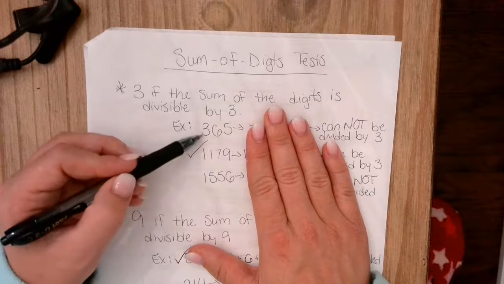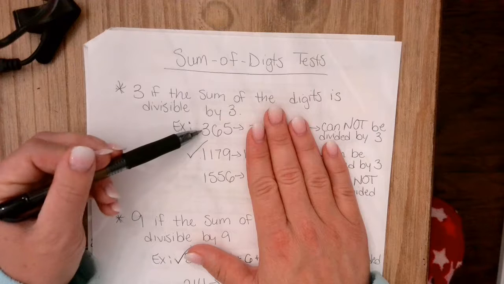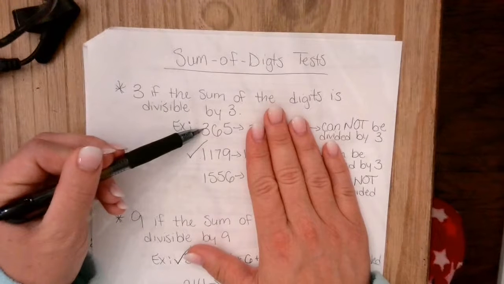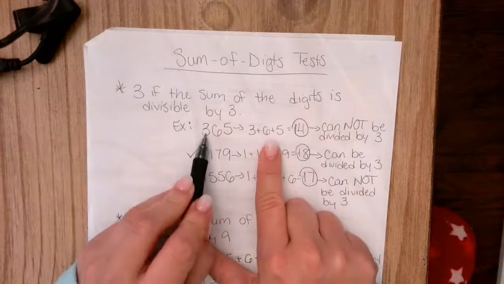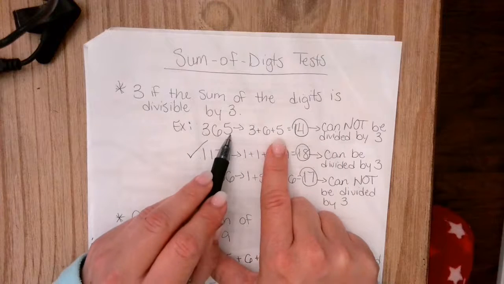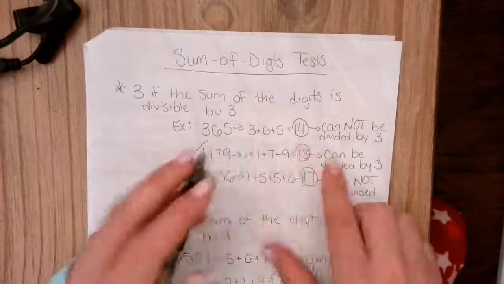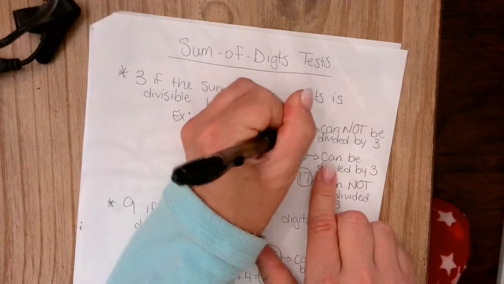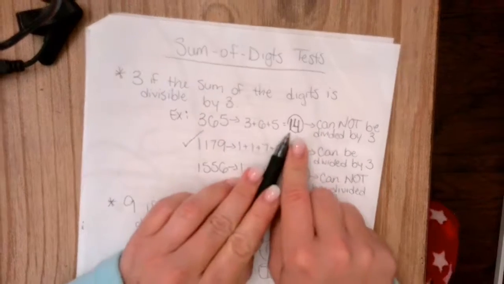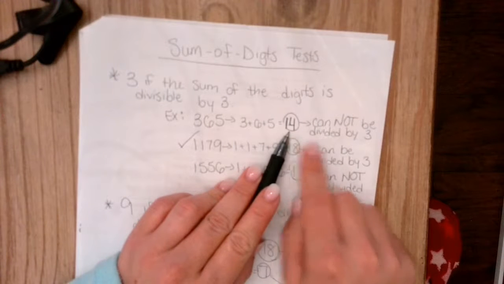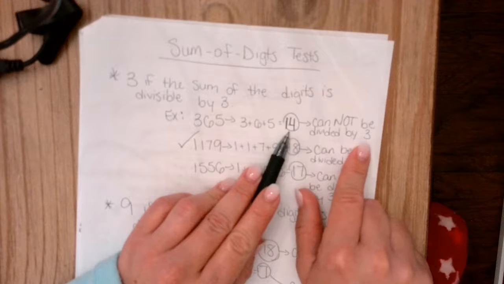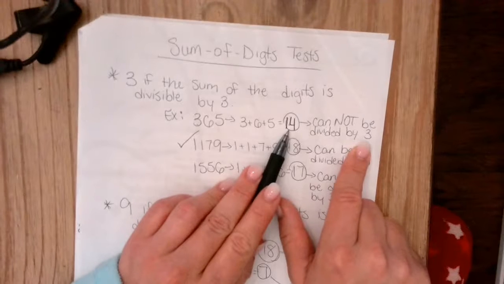So I want to ask myself, is 365 divisible by 3? So the way I would do that with my shortcut is I would take 3 plus 6 plus 5. Okay, and when I do that, I get 14. Now 14 I know is not divisible by 3 because it cannot be divided up by 3 without a remainder.